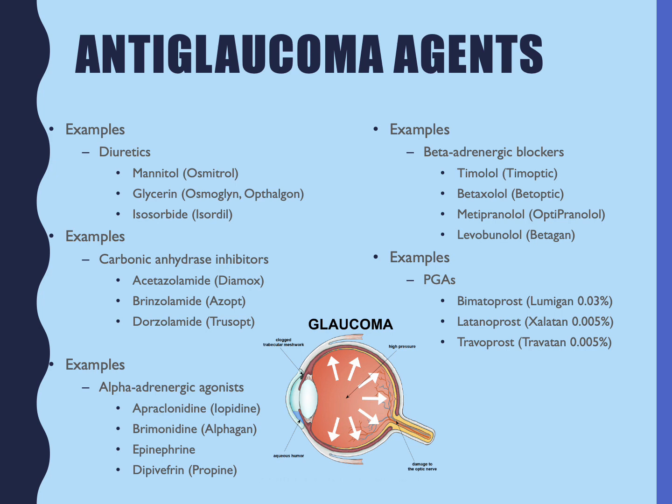They're considered the third line of treatment for glaucoma, and some examples are apraclonidine, brimonidine, epinephrine, and dipivefrin. And these agents decrease the production of aqueous humor, and they also facilitate the outflow, or the drainage, of aqueous humor. Couple more left here.